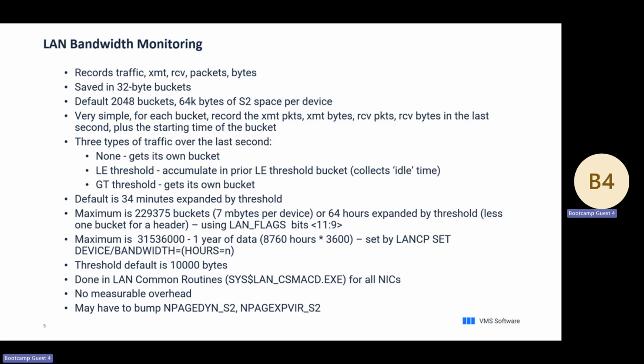But if you look at the data that you're collecting, if you have 0 data for the 1 second, then you really don't need a separate bucket for that. So what we do is collect all the data in one bucket that has no data.